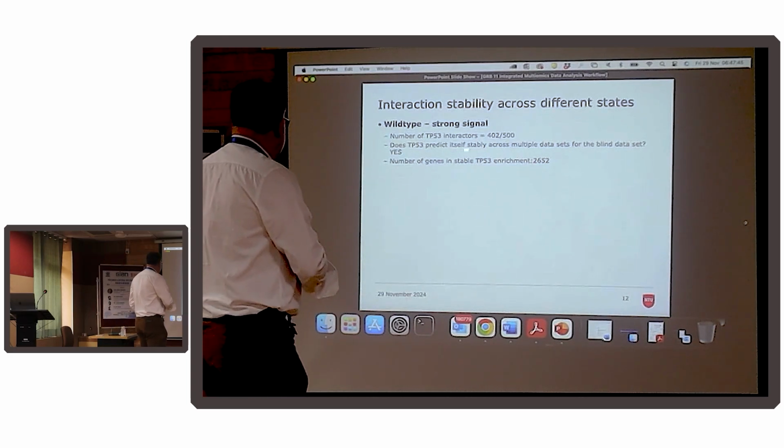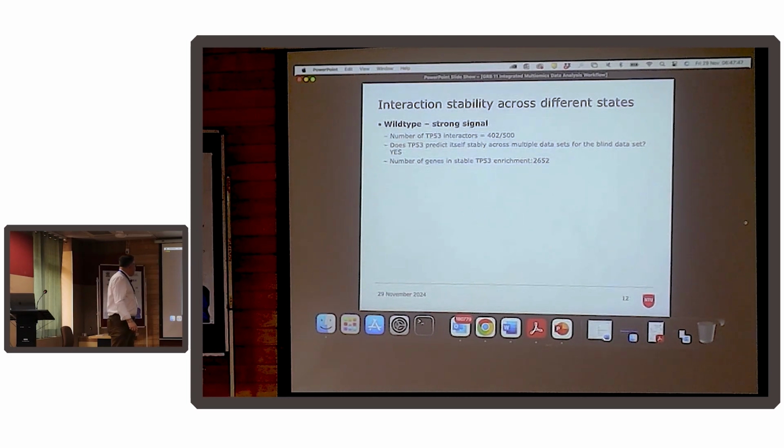Does, in this case, P53 predict itself across the multiple data sets? So remember, in that list of stable interactors, ideally we should see P53. It should be predicting itself. And it did. And then if we looked across the whole pathway in the wild type form, how many additional new features were there?